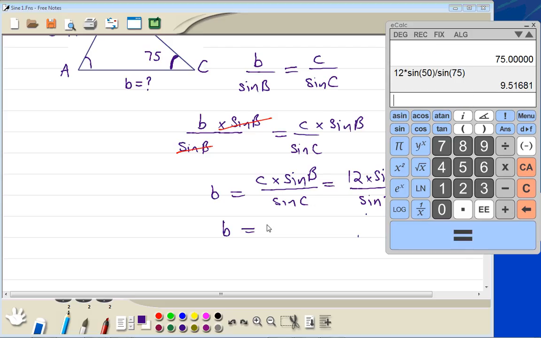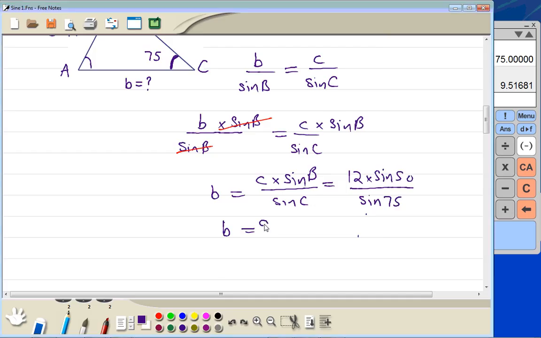So we get the length B, 9.5 for 1 decimal place. So it's a good idea to do a bit of algebra first. So make whatever you need the subject, then substitute the numbers and get the answer.